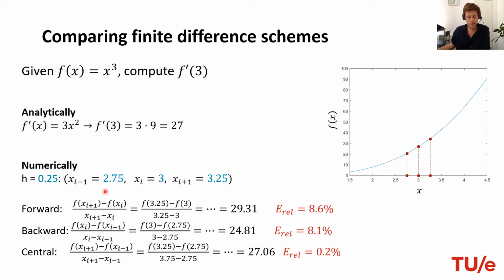And then we see that our points xi plus 1 and xi minus 1 are much closer to xi. And if we then evaluate these same forward, backward, and central schemes, we see that for all schemes, we get much closer to the analytical solution. And these relative errors are also reduced. So now we have errors of about 8% for forward and backward, and of about 0.2% for a central difference scheme.